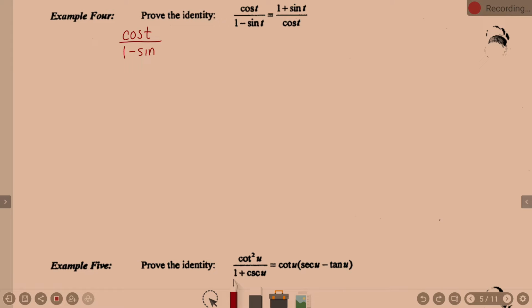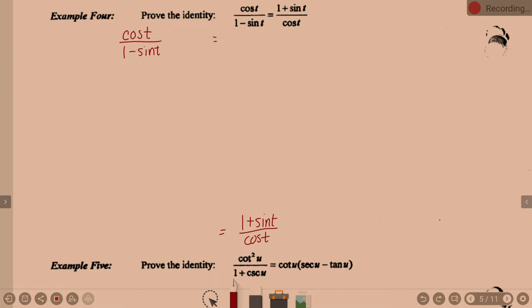And our job is to get it to equal 1 plus sine t over cosine t. But you can only cross cancel when we're talking multiplying. That's right.